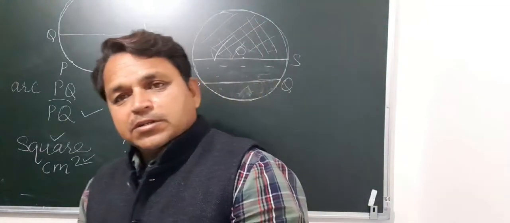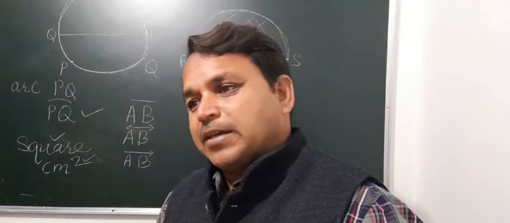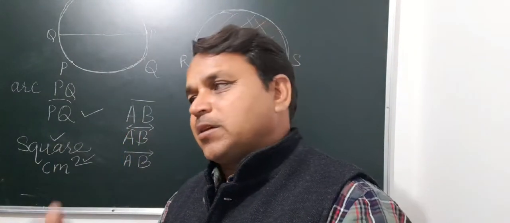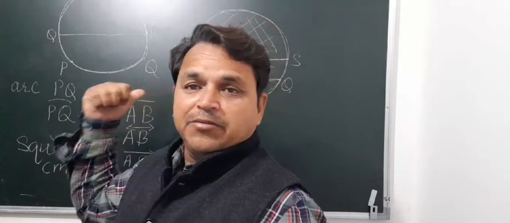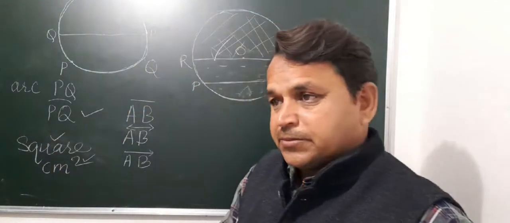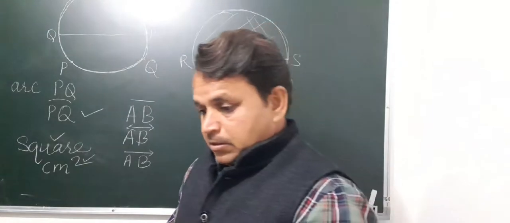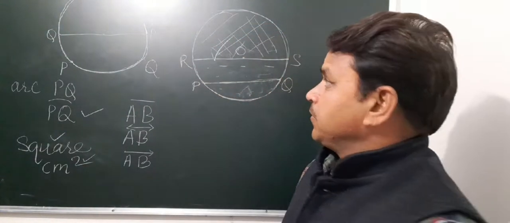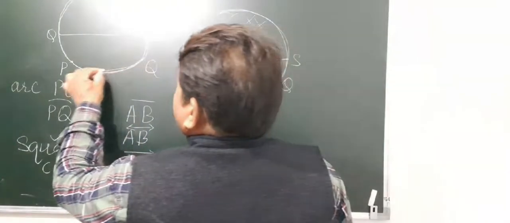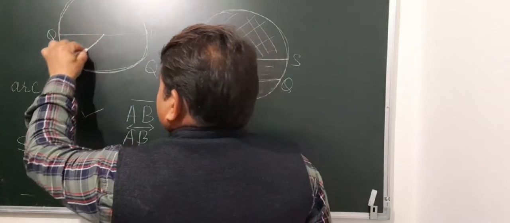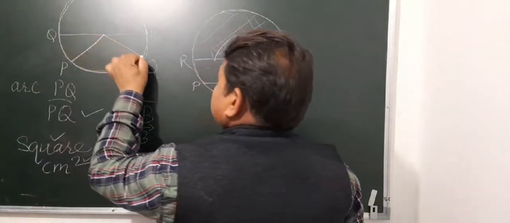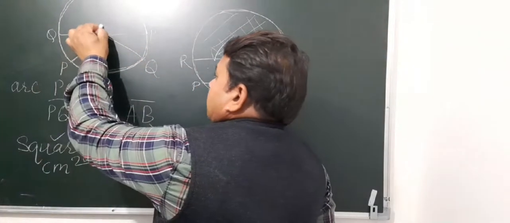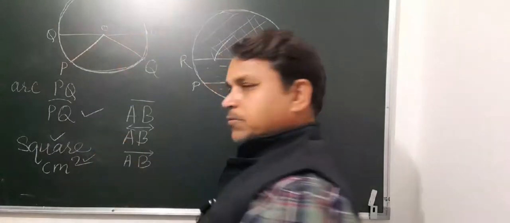Now what about sector? It is as simple as the segment. It is related to the arc in the same way as the segment was related to a chord. So what will you say about a sector? This is an arc and the endpoints are joined to the center by two radii OP and OQ.